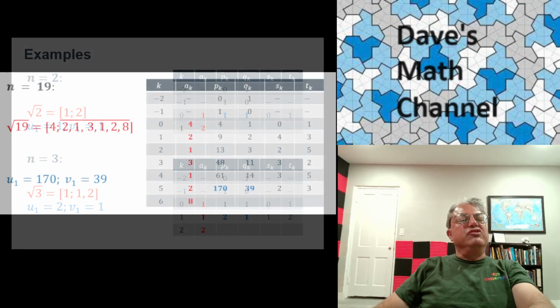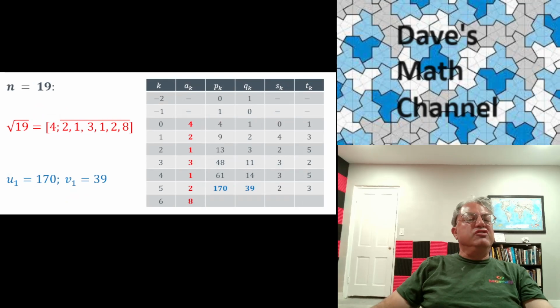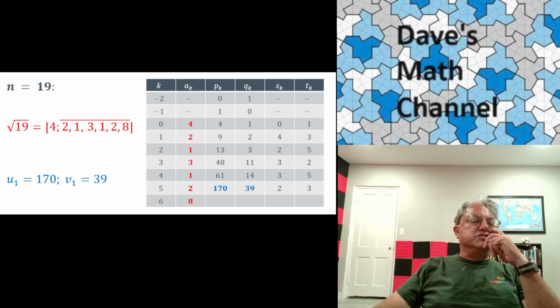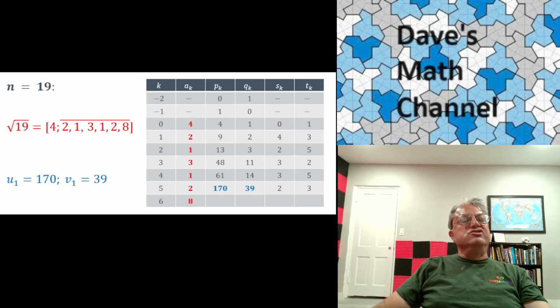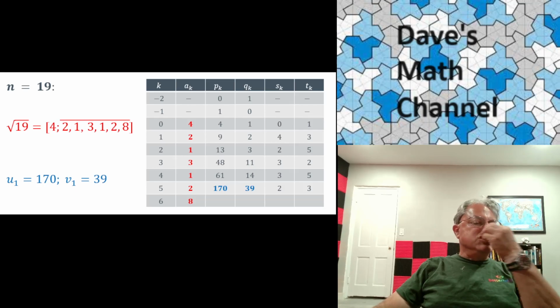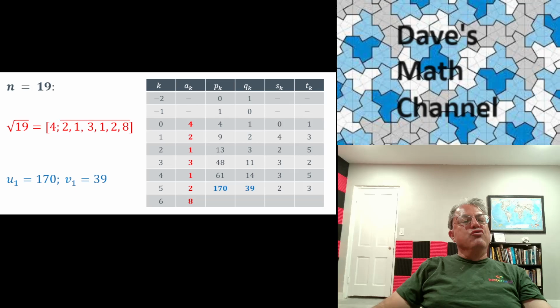And let's do a more complicated example. These can be as complicated as you want. Here's a fairly complicated one. N equals 19. It turns out for n equals 19, you need a lot of continued fraction coefficients. Here I actually did write the line above the coefficients. If you apply the algorithm I showed you earlier, you'll find that the continued fraction of the square root of 19 is 4, and then you get the repeating sequence 2, 1, 3, 1, 2, 8.